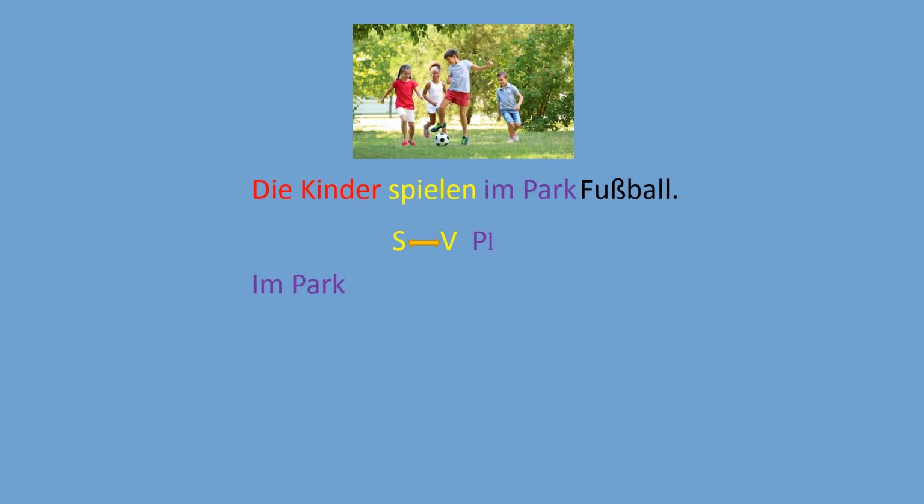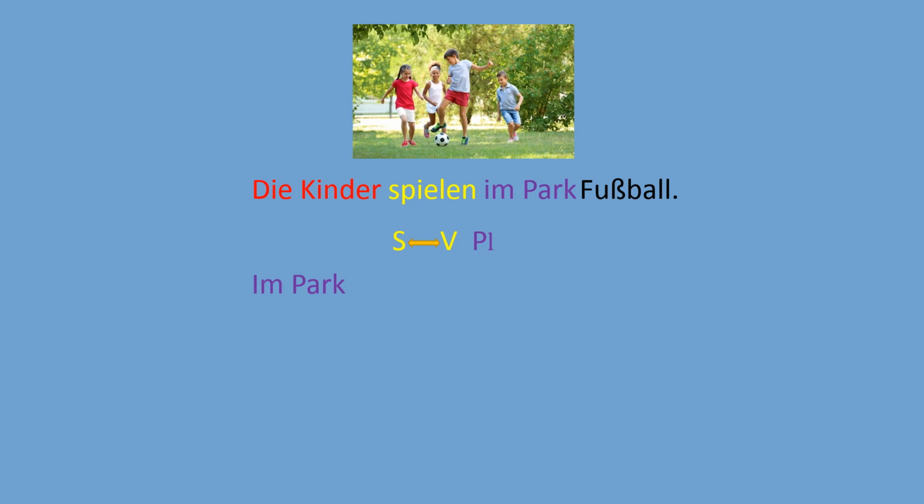What is happening now? Something interesting will happen, and we do not have it in the English language. In English, we will put a comma after park, and we will continue the sentence saying kids play soccer. So we'll still start with the subject, but there is a strict rule in the German language. As long as the first position in the sentence is taken by any element, and right now we have the place, the verb of a sentence must always be in the second grammatical position.